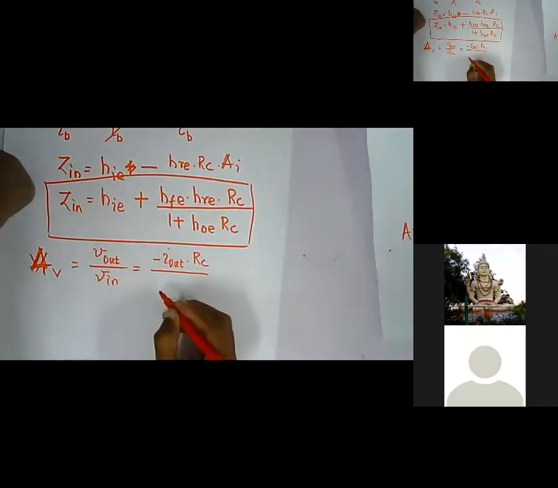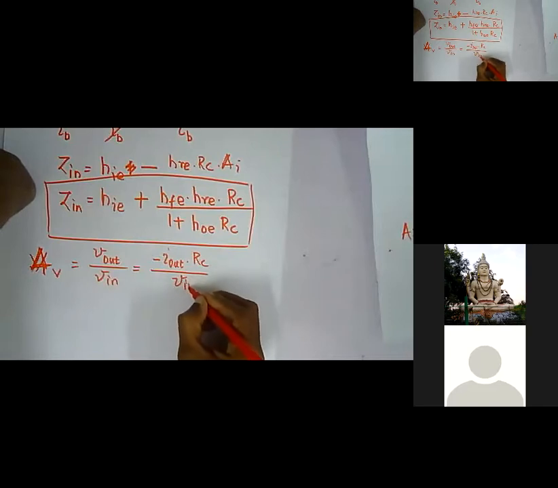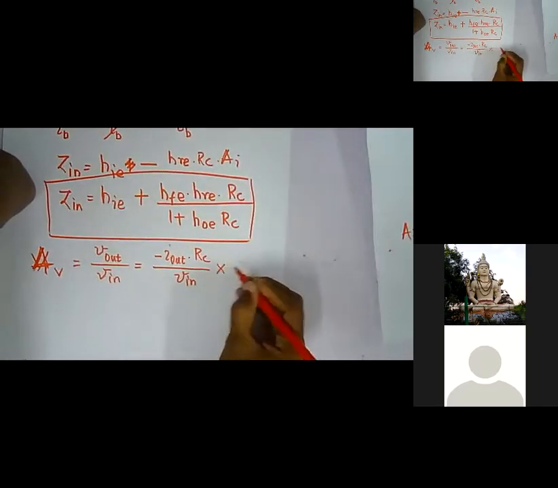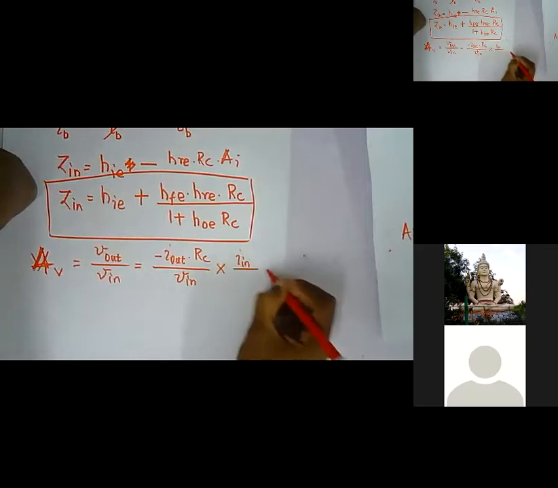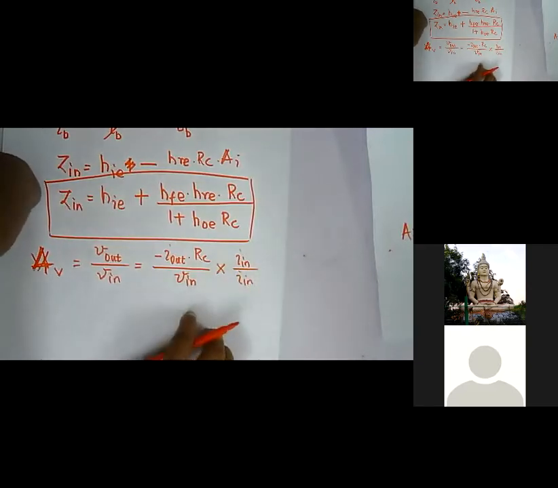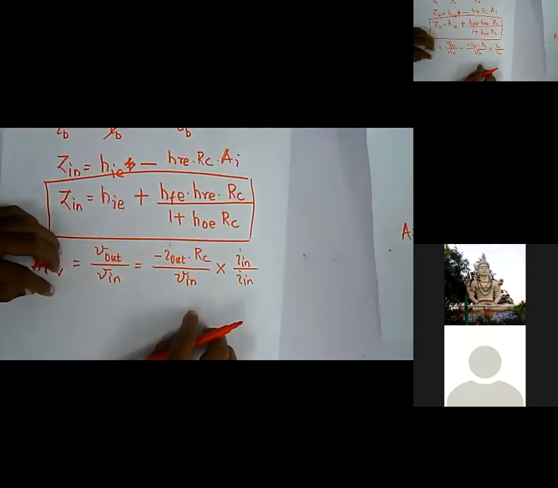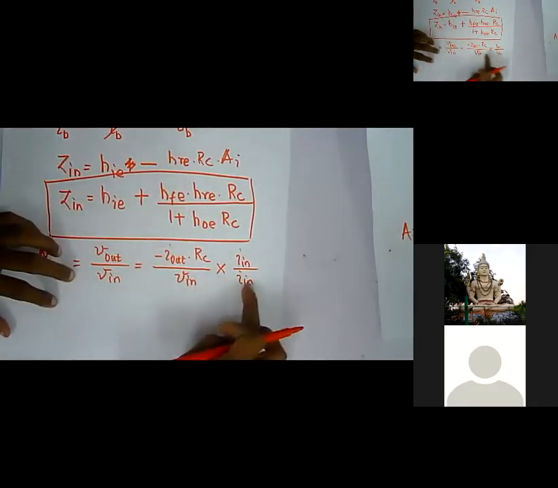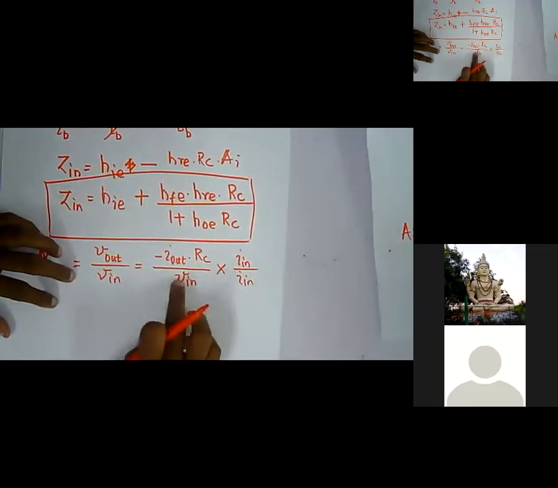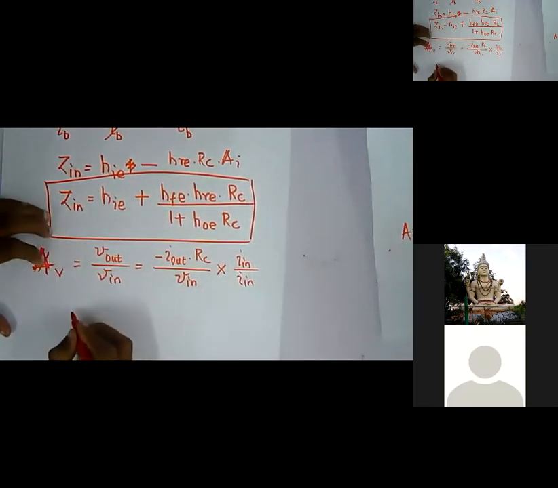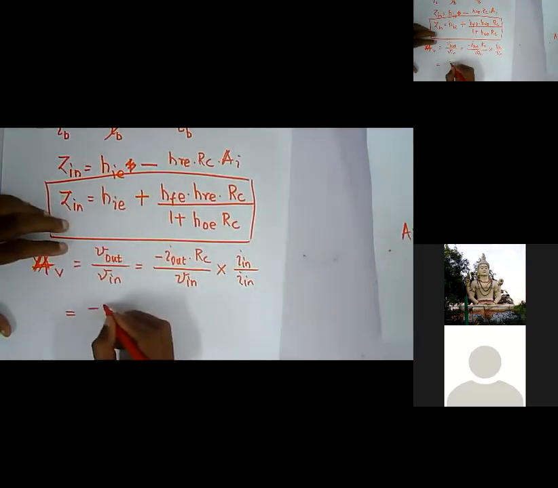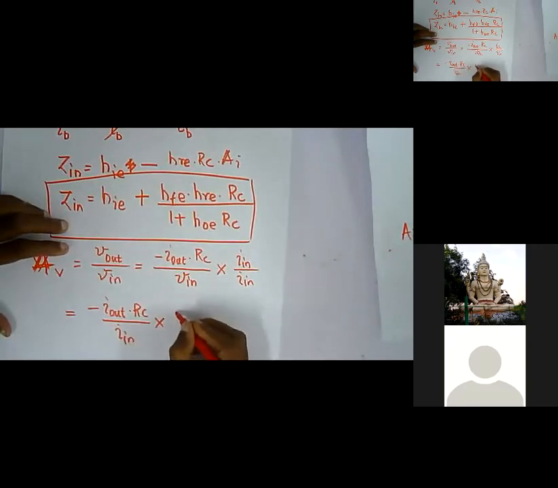What I can do is multiply by I in by I in, so there are no changes, and interchange the terms: minus I out into RC divided by I in, into I in by V in.